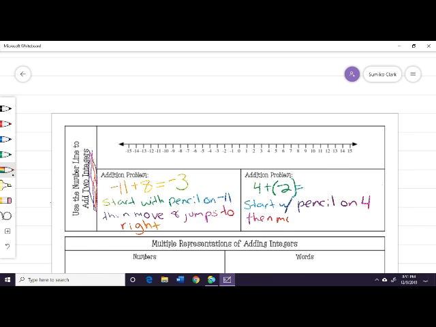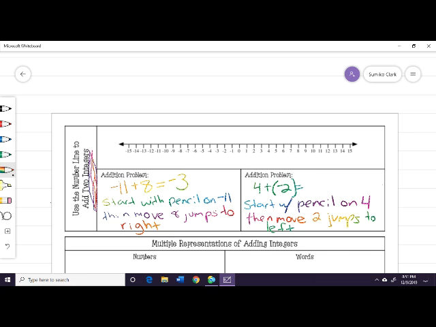Then we move 2 jumps, but it's going to be 2 jumps to the left because it's negative. Okay, so we start on 4 and we go 2 jumps to the left. 1, 2.